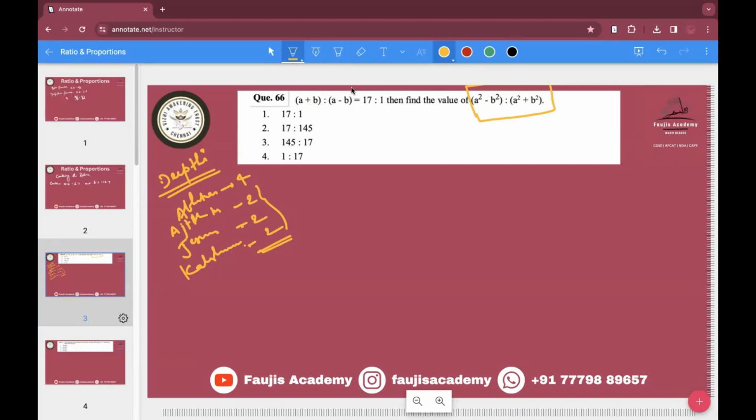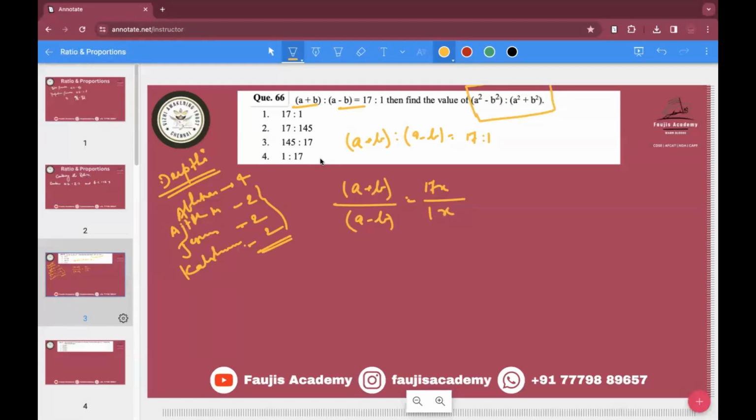So, let's dive into it. A plus B is to A minus B is equal to 17 is to 1. So in reality, (A plus B) by (A minus B) is 17x is to 1x, right?